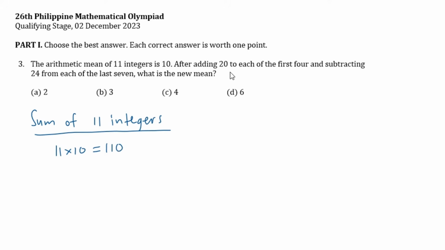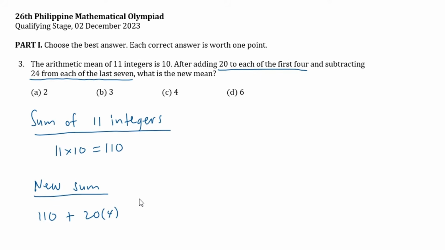Now, since we are adding 20 to each of the first 4 and then subtracting 24 from each of the last 7, there will be a new sum. So how do we get that? The new sum is equal to 110 plus 20 times 4, since we are adding 20 to each of the first 4, and then minus 24 times 7, since we are subtracting 24 from each of the last 7.